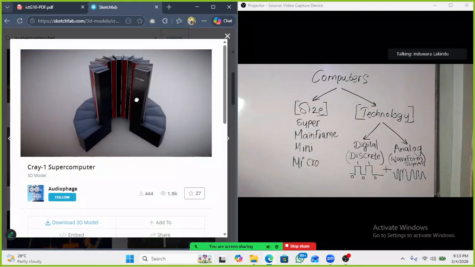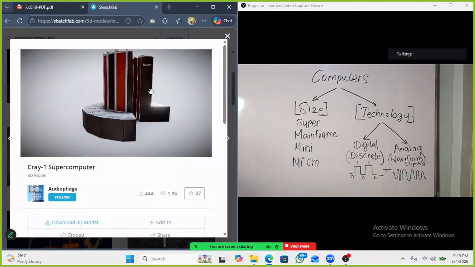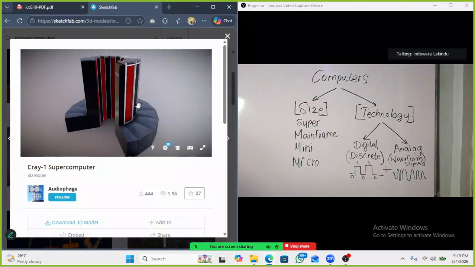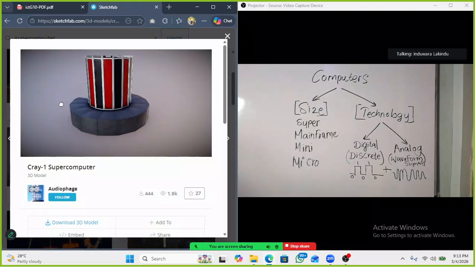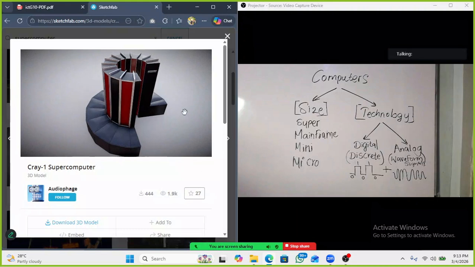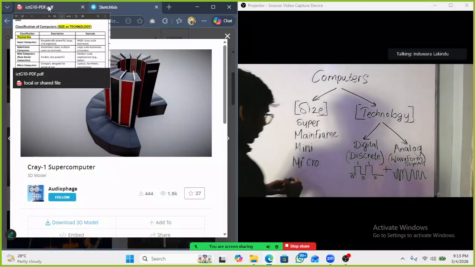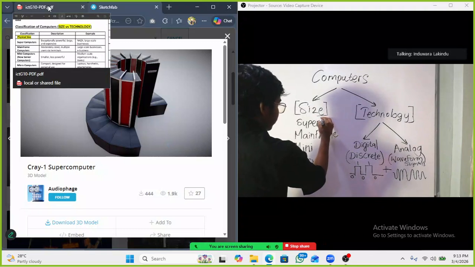This is the shape. Where can these computers be seen? Any examples you know? What kind of companies use these kinds of computers? See? It's very big, bigger than yourself. Any examples you know? Where can we see these kinds of computers?